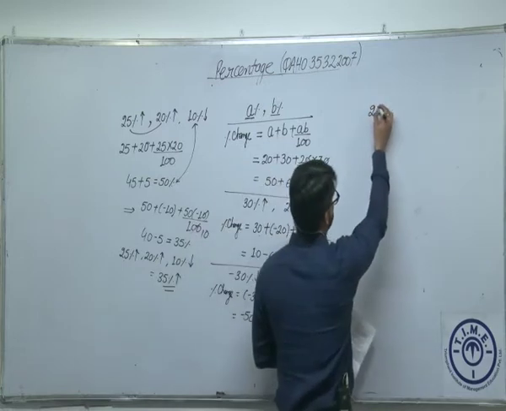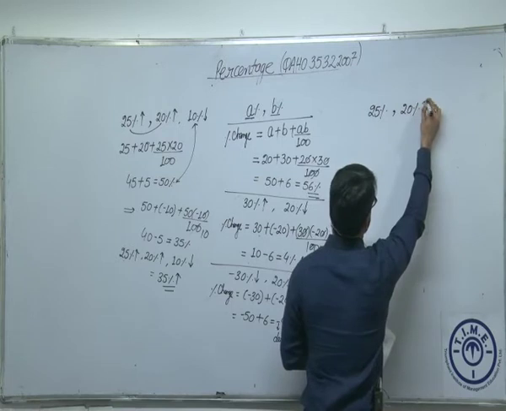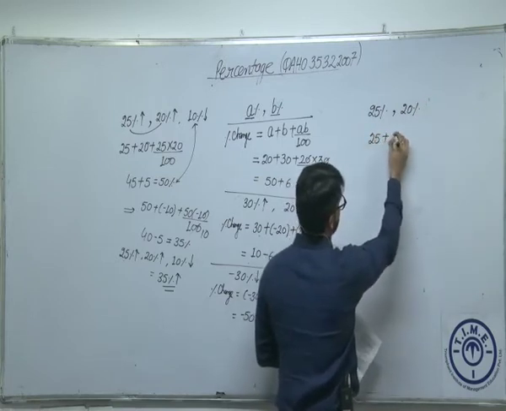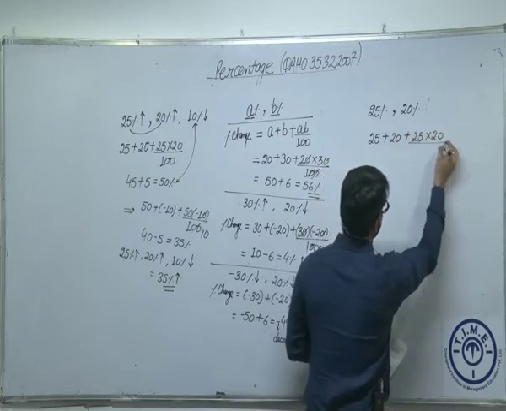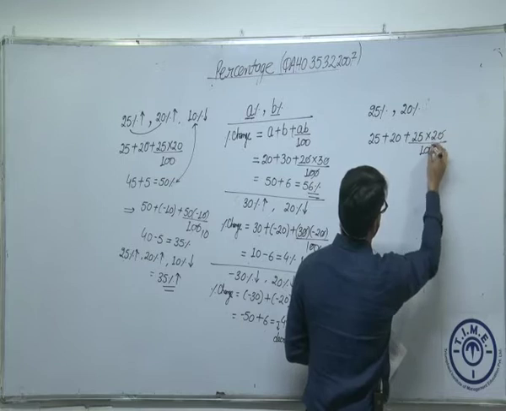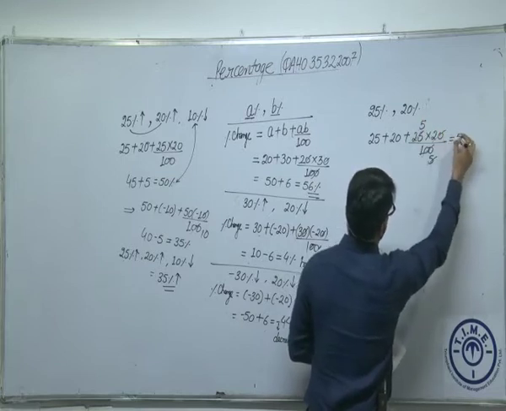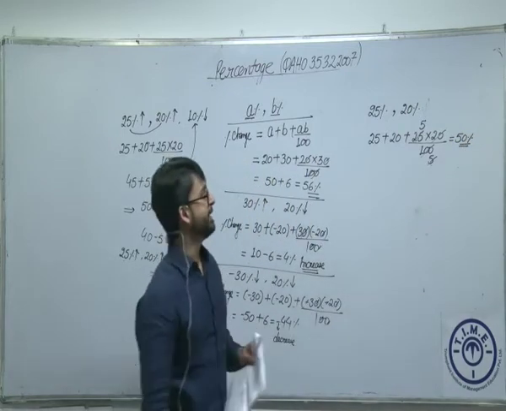So first increase is what percentage? 25%. Second increase is what percentage? 20%. Fine, both of them are plus. So I'll clearly say 25%, 20%, 25 into 20 divided by 100, which is 5, 5. That is eventually 50%. Sign is positive, so that is 50% increase.